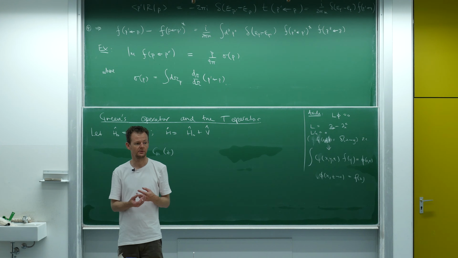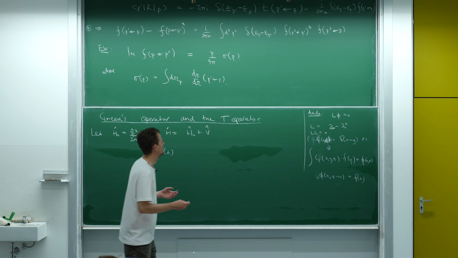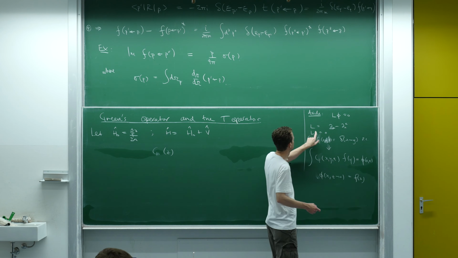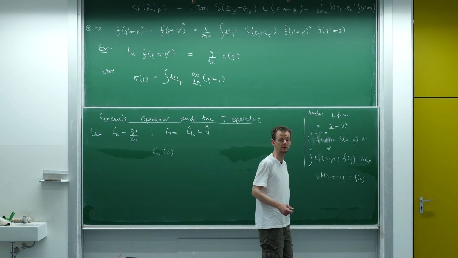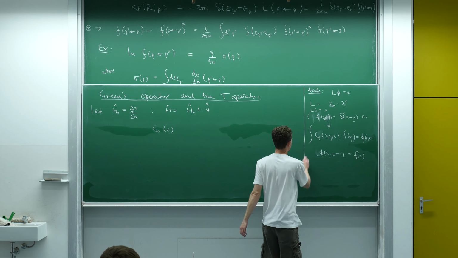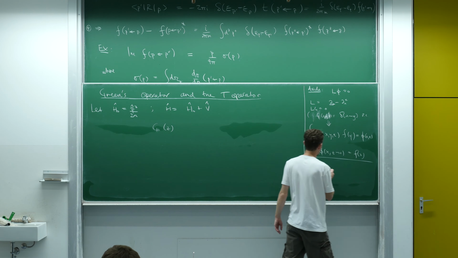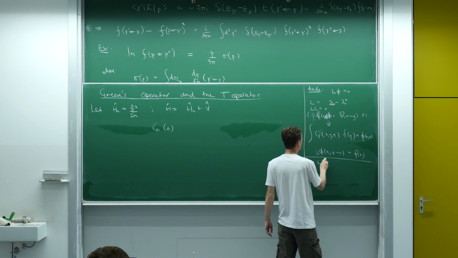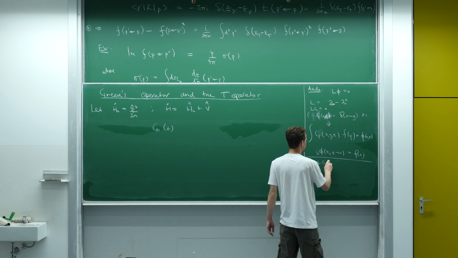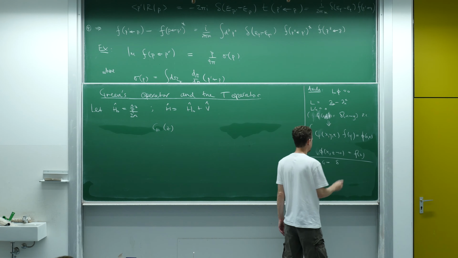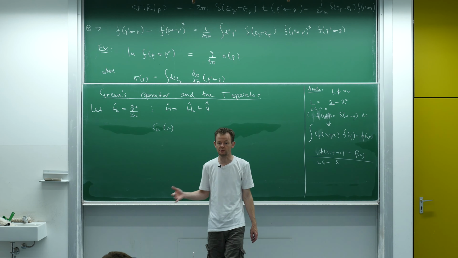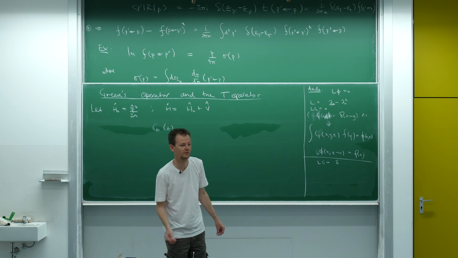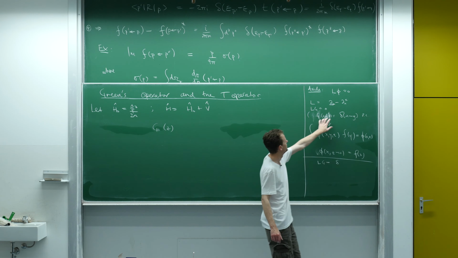A second way of interpreting them is as a kind of inverse to this differential operator here. So this is the second interpretation. I'll write this a bit more heuristically. So L times G equals delta. That's roughly speaking what we're doing here.